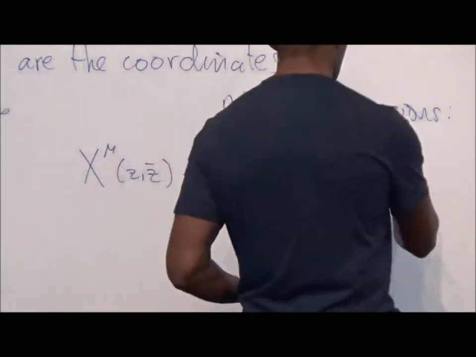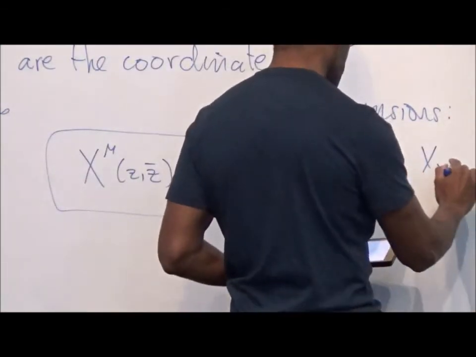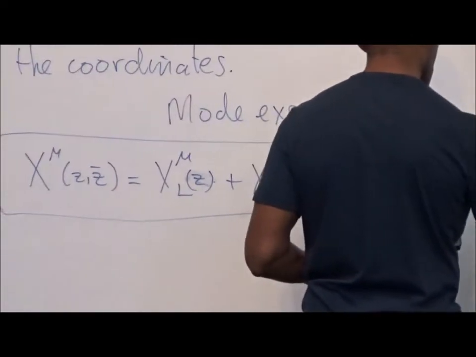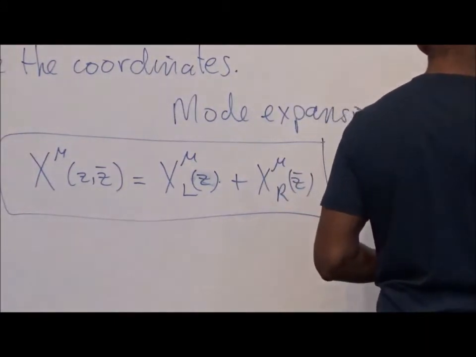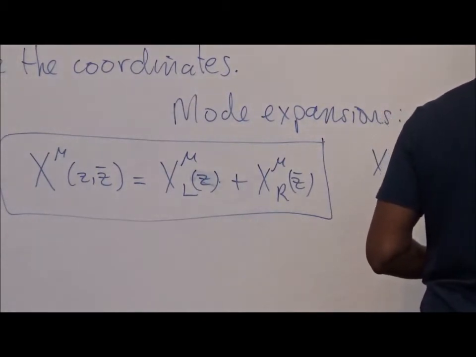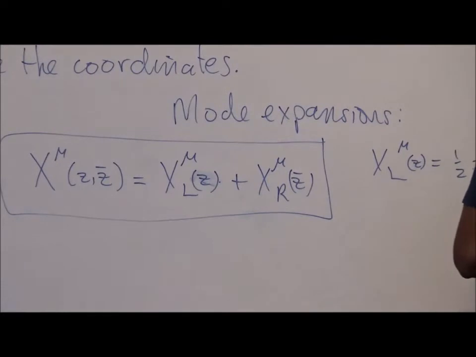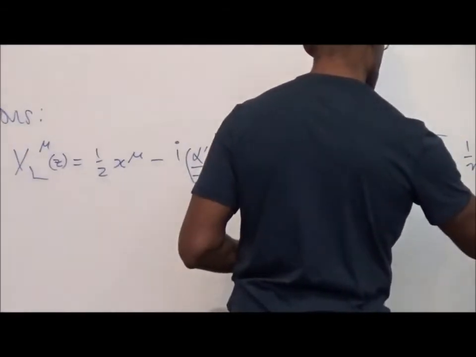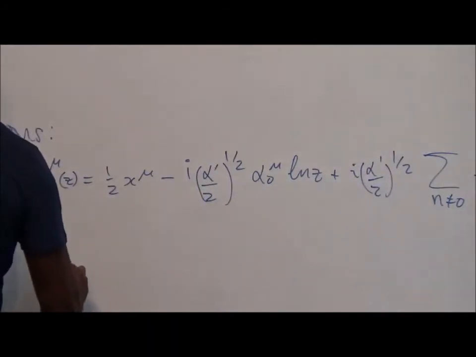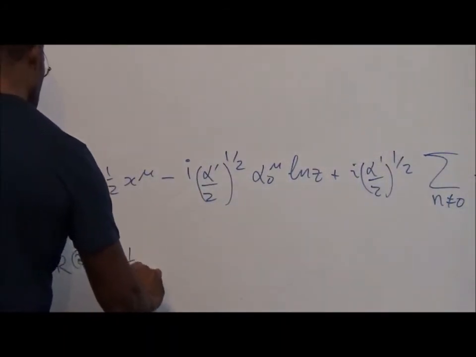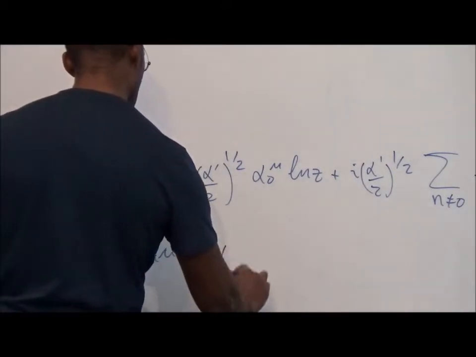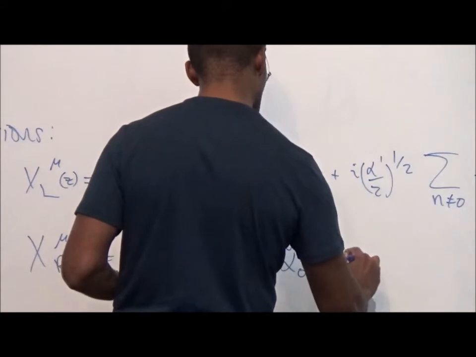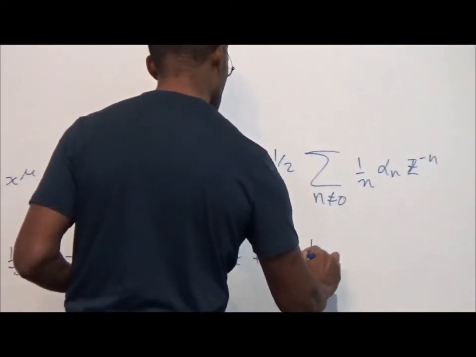And x left and x right are essentially the same sort of structure, but you put bars and tildes on everything in the usual way.